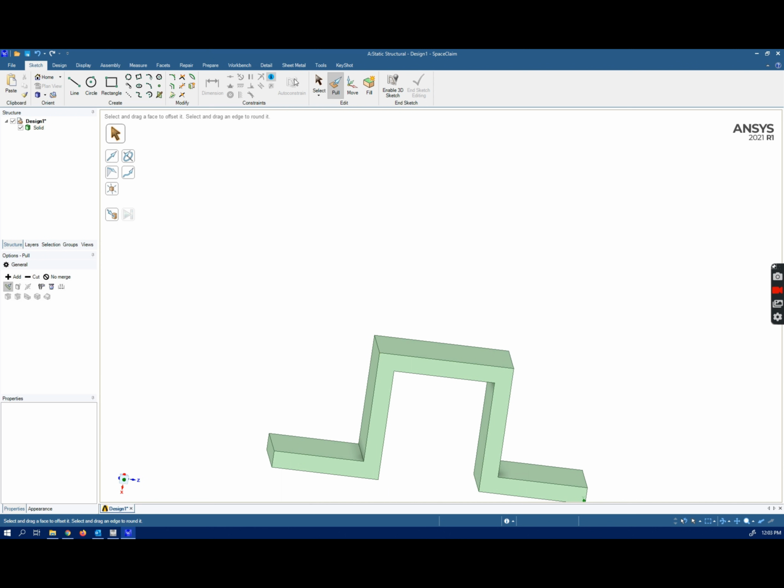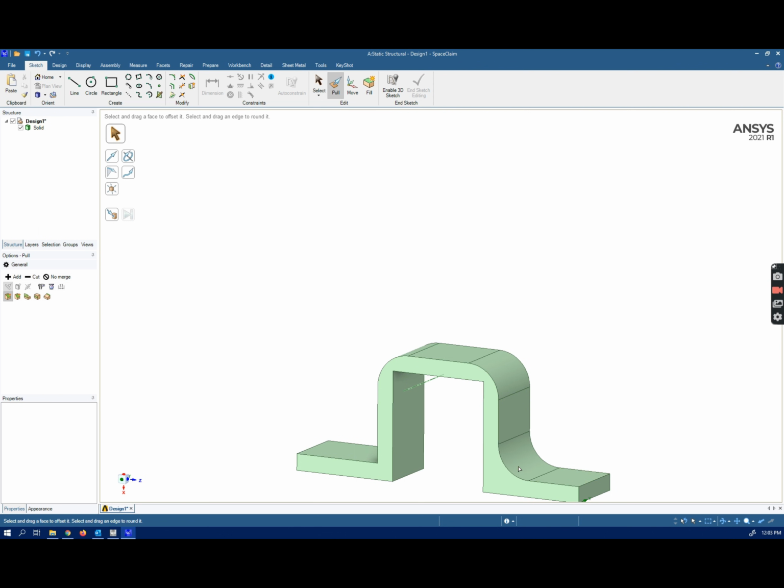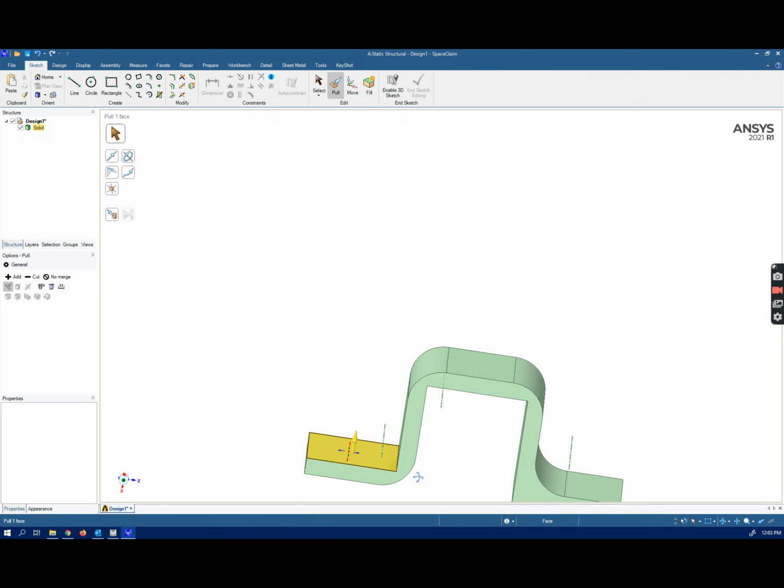Now I'm going to add fillet, 30, 30, 30, 30.